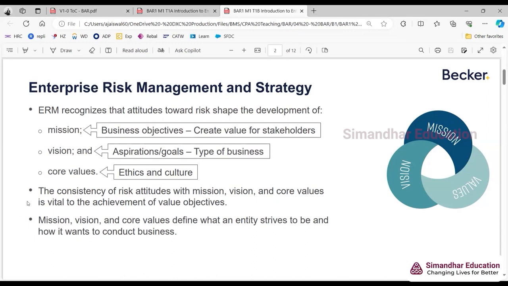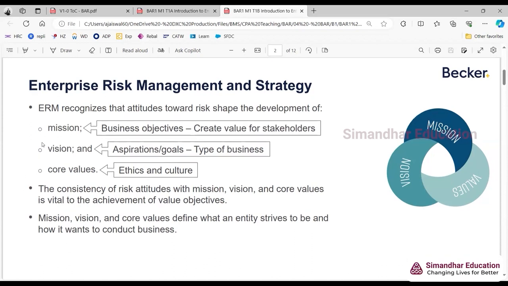If the senior management is ethical, then only the middle level management and the very junior level employees will be ethical, because they will try to follow their senior management.